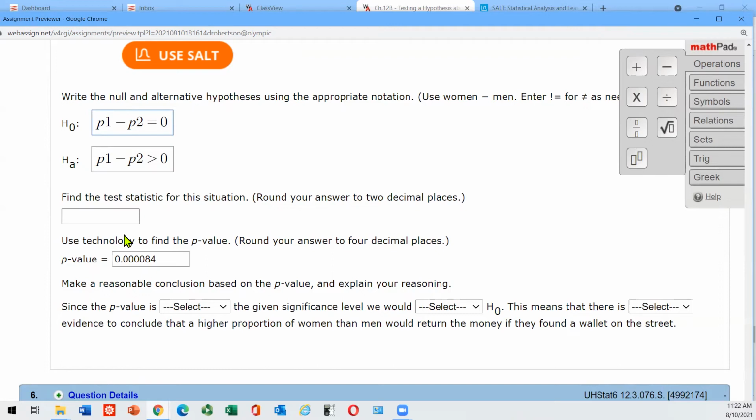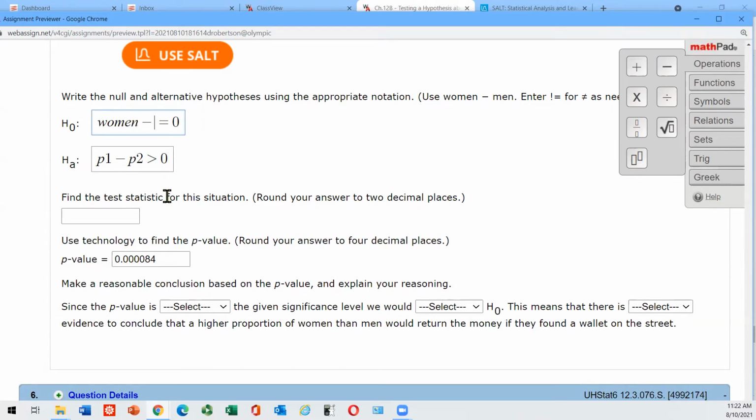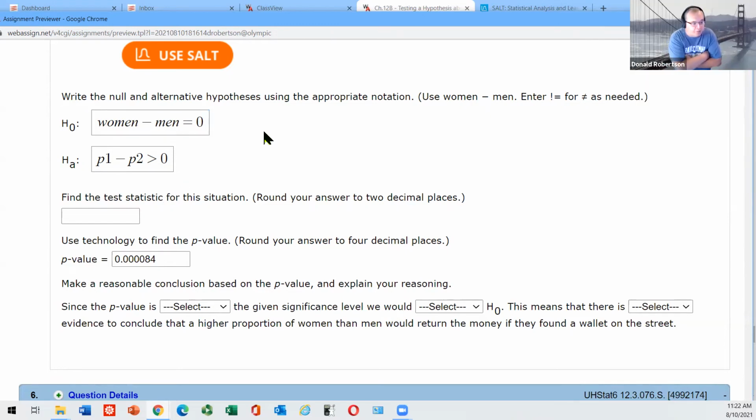No. Okay, so let's try women take away men. I believe there's a subscript button as well. That's our third possibility. Try women take away men. Tell me if that works. Oh, like women minus men? Yeah. Okay.